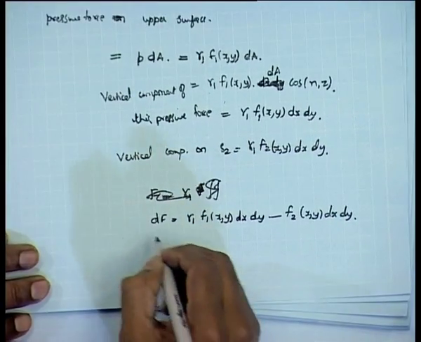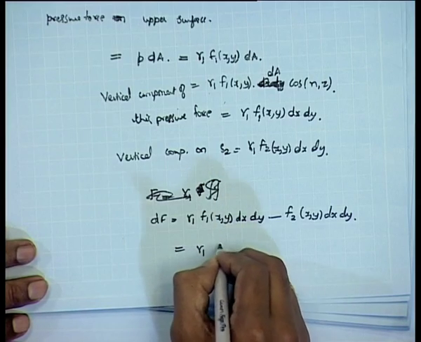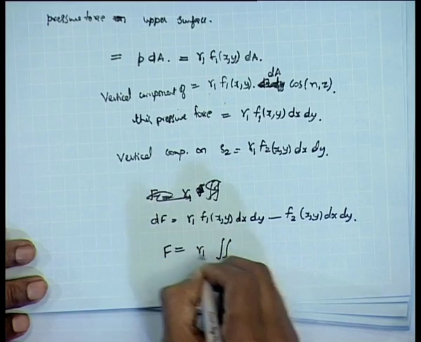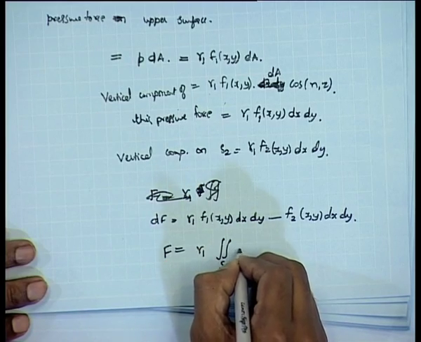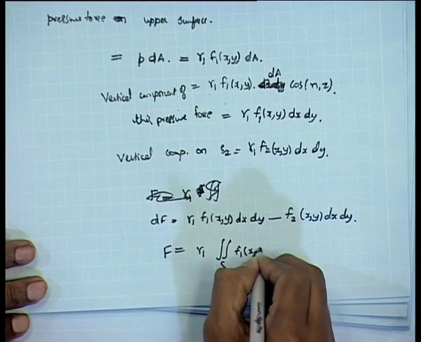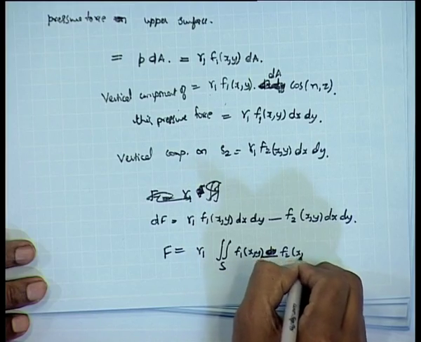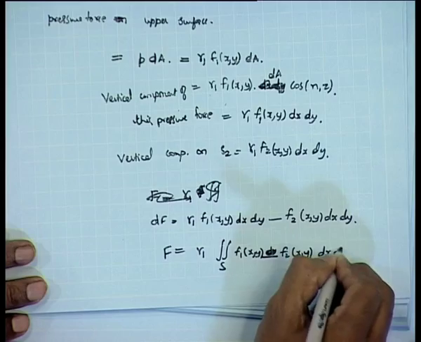So, F is equal to gamma times the integral over the surface area of F1 of x y minus F2 of x y, dx dy.